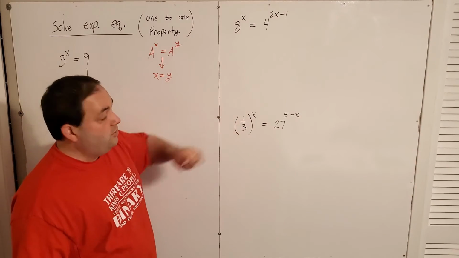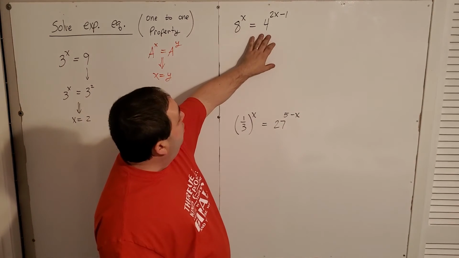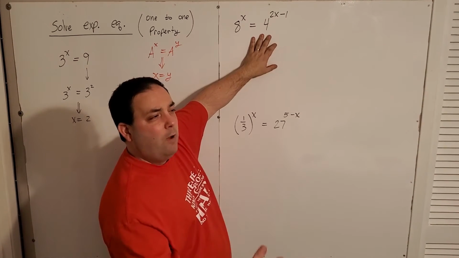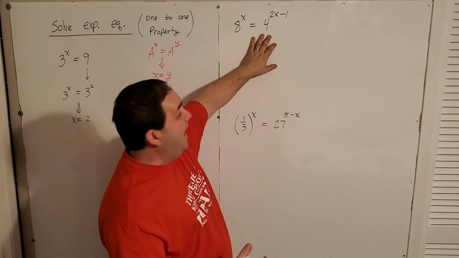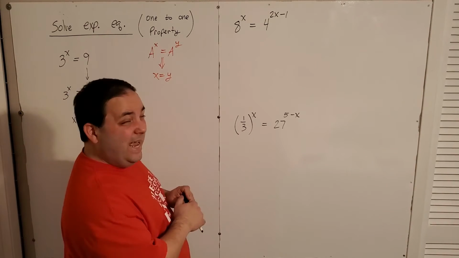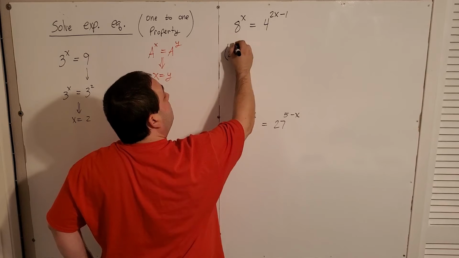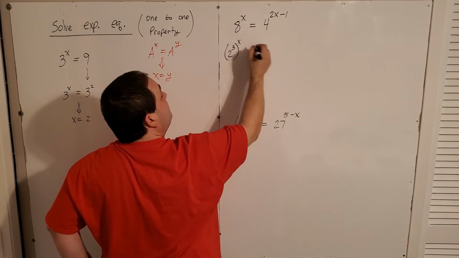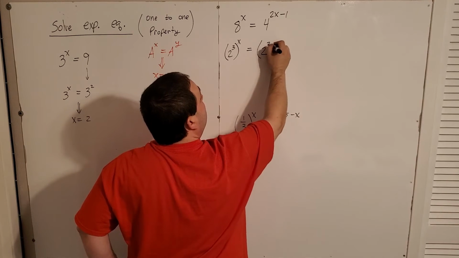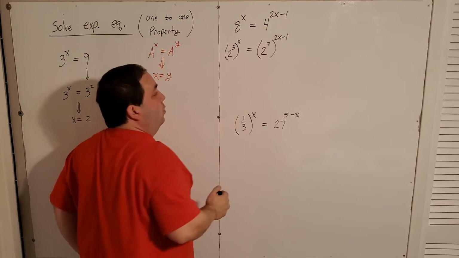Let's solve these two equations using this property. 8 and 4 are obviously not the same base, but can I rewrite them as something to a power and the same thing on both sides? And the answer is yes. 8 is 2 to the third power, and then it's raised to the x. And then 4 is 2 to the second power, and it's raised to the 2x minus 1.